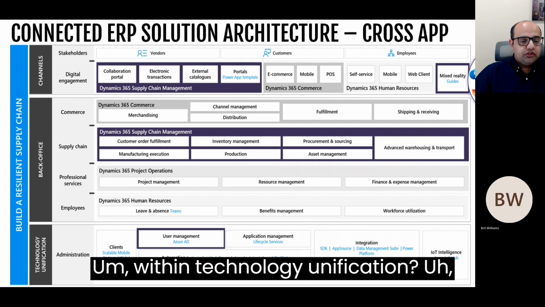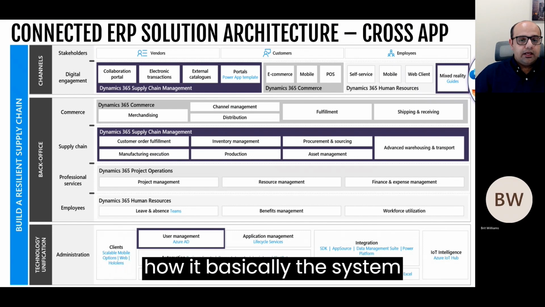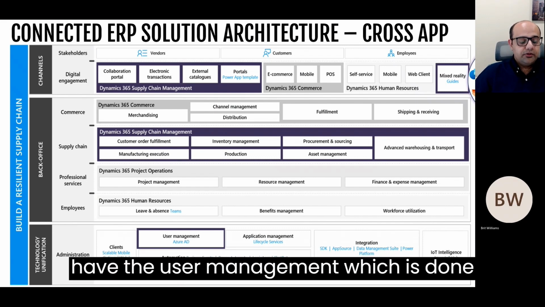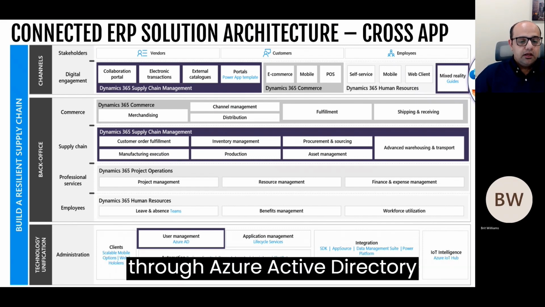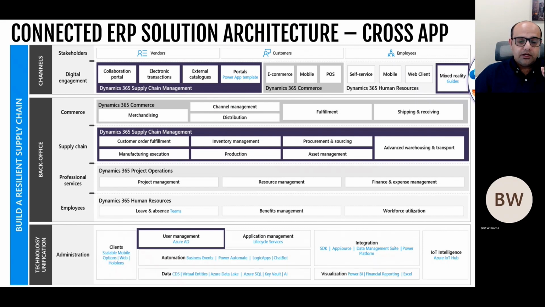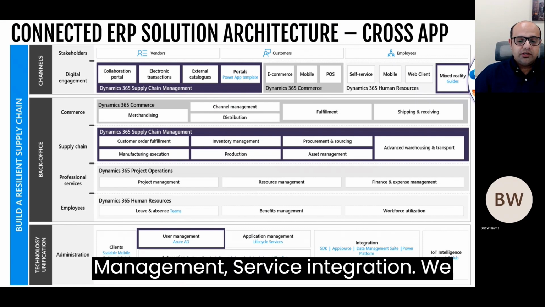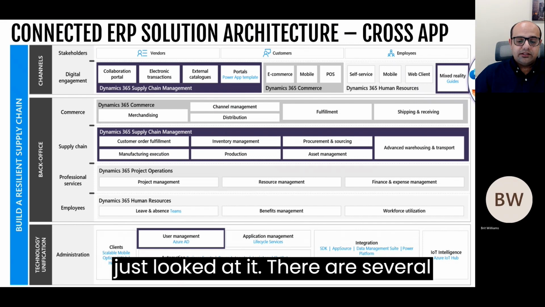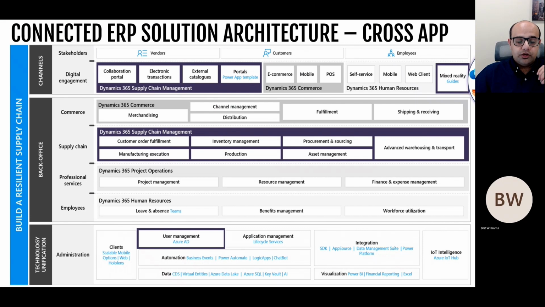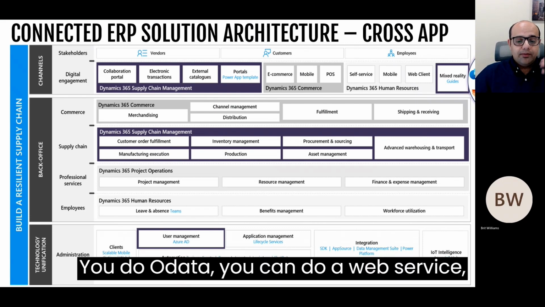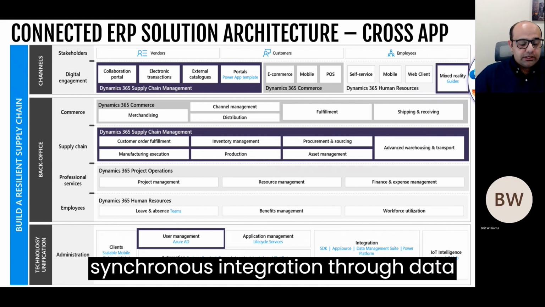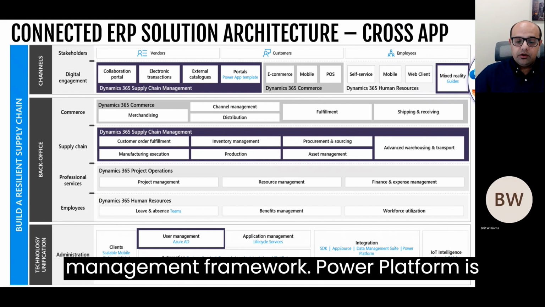Within technology unification, this is how the system administration side works. You have user management, which is done through Azure Active Directory, and application management, which is done through LCS, the application lifecycle management service. Integration, we just looked at it. There are several ways to integrate. You can do OData, you can do a web service, or you can do a passive or asynchronous integration through the data management framework.